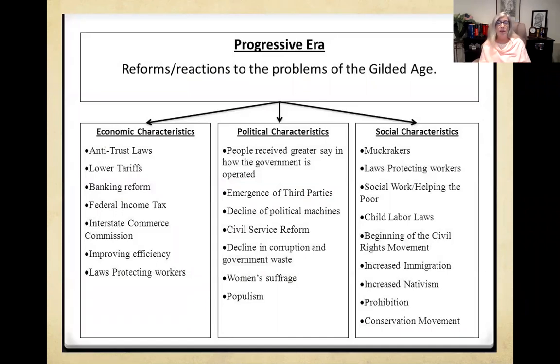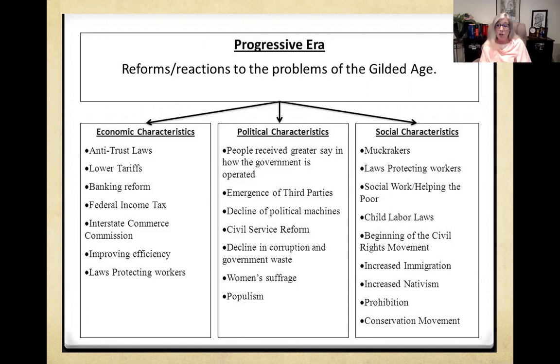So those are all kind of the areas that we're going to be talking about, and we can kind of lump some of these ideas from the progressive era into different categories. So I would definitely be familiar with this and maybe even take a picture of this particular slide, because these are going to be looking at some of the big items that come about with political reform, like civil service changes, which we'll see in a minute. Women's suffrage is going to be part of this, the Populist Party that comes about.